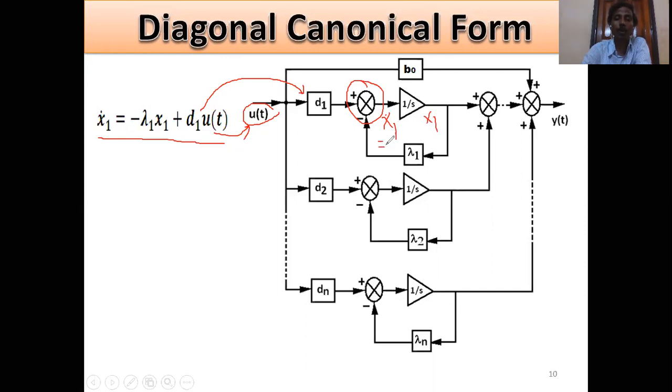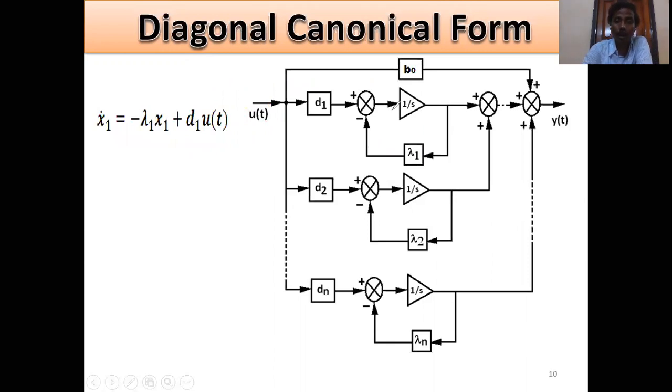So x1 dot equals minus lambda 1 x1 plus d1 into u(t).